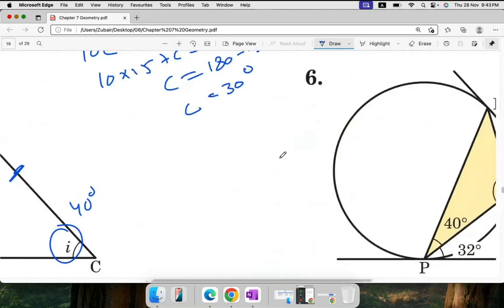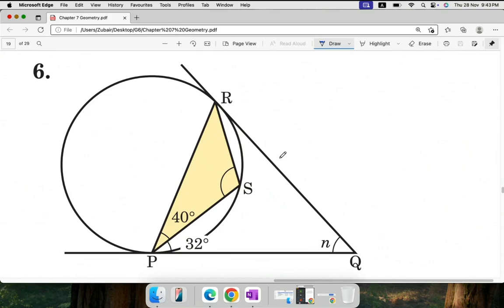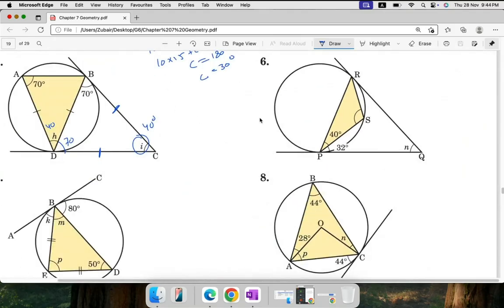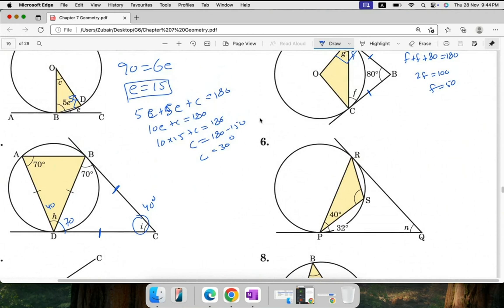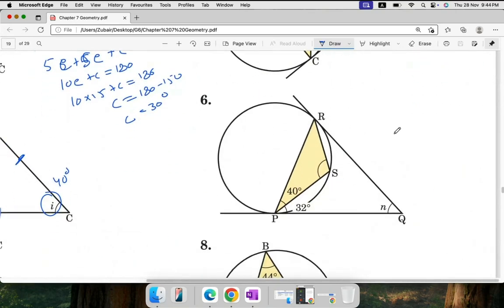Question number 6. Okay, we need to solve for n. And why is that angle marked? Were they supposed to give some values? Okay, let's see.